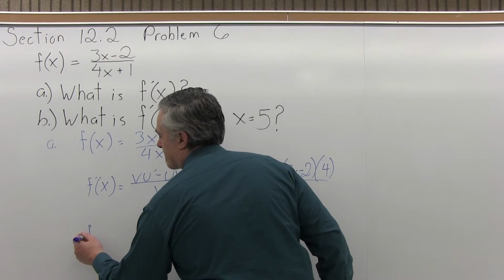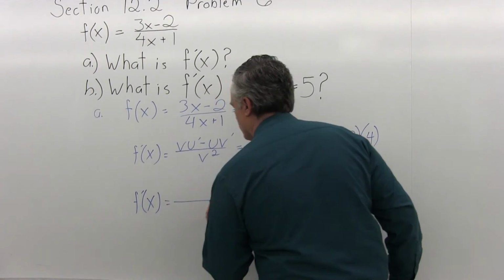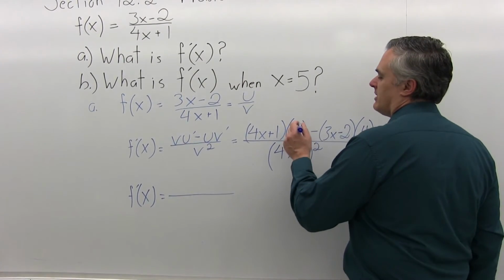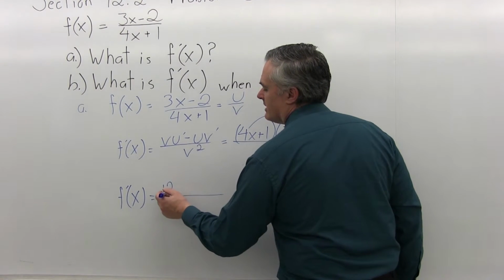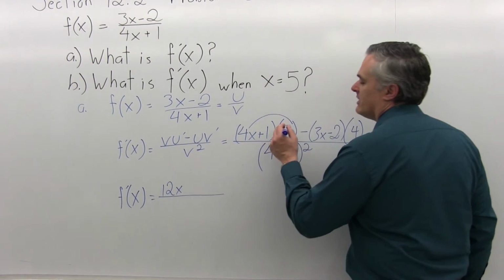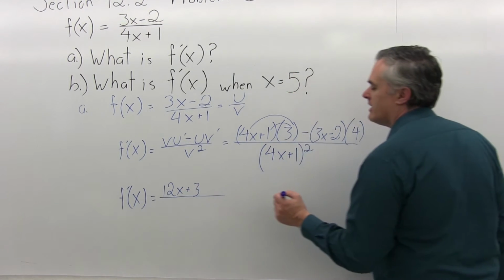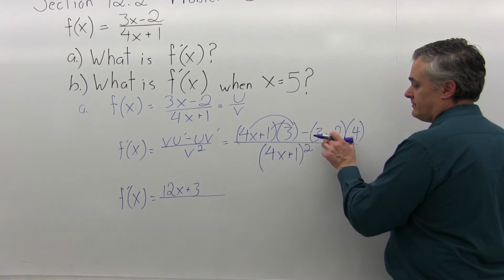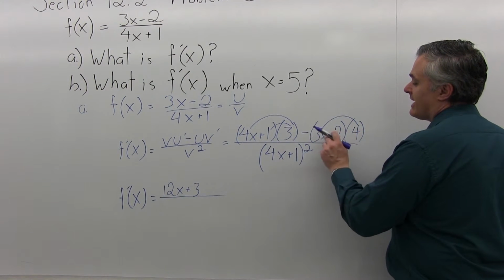So, f prime of x equals, so on top here, 3 times 4x is 12x. Then 3 times 1 is 3. And now I have minus, so I have 3x times 4.